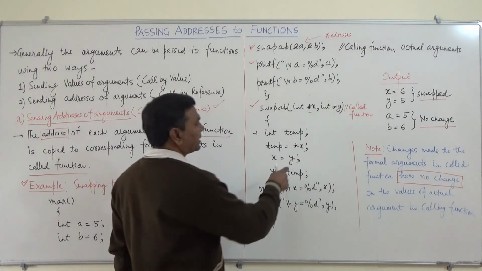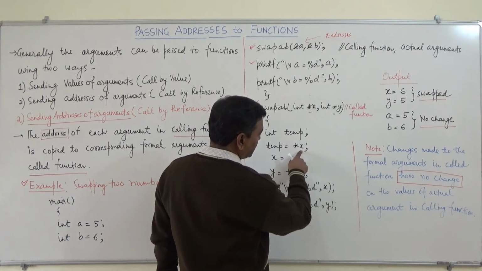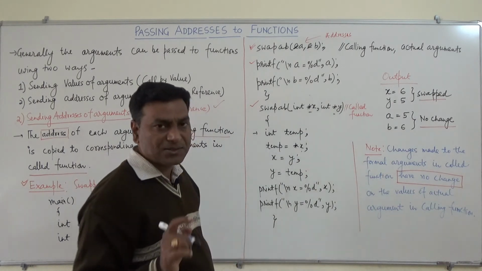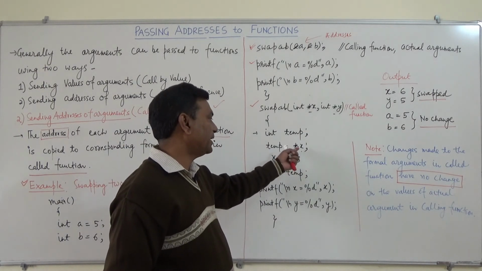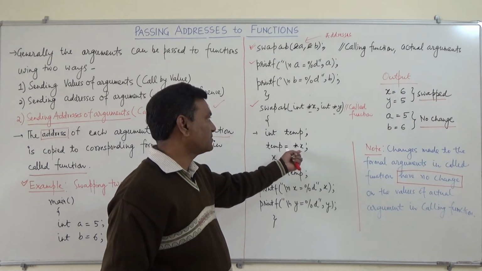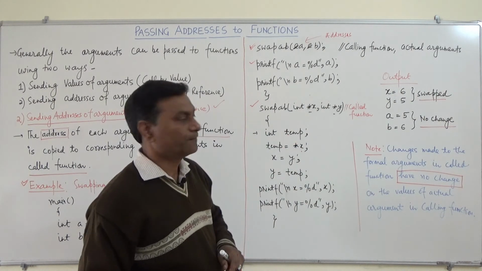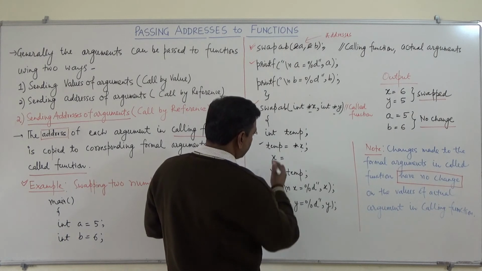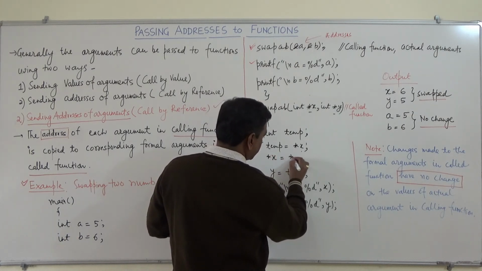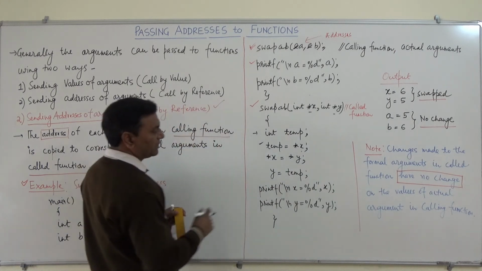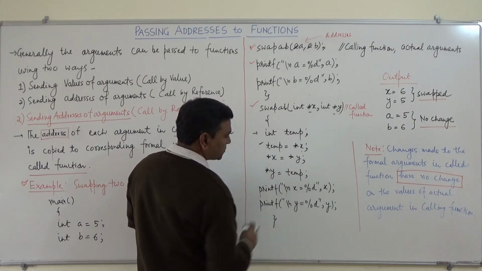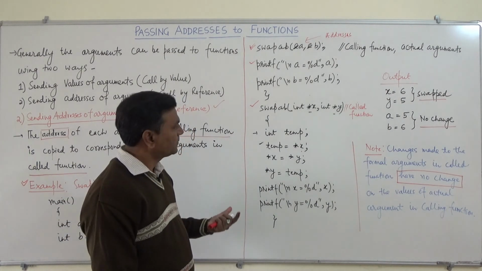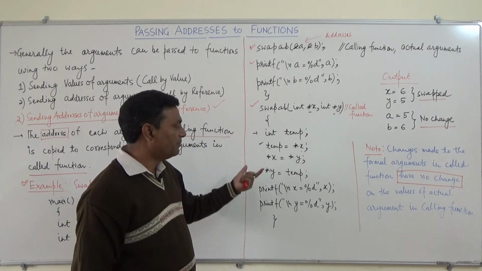So here we will take the pointer variable x, because this is the value at address operator, it means it will have the value at this address, and x is the address of A. Now in the other statements, this will be asterisk x equals asterisk y, and then asterisk y equals temp. So by using this logic we can swap these two values, that is the value of A and B.